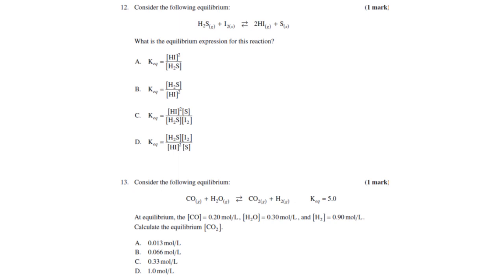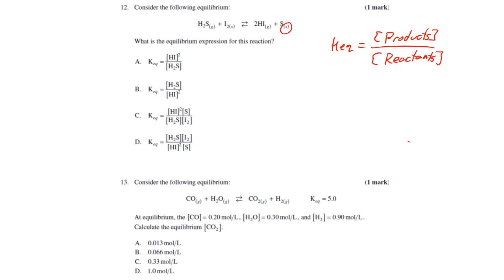Consider the following equilibrium, and there it is. What is the equilibrium expression? Okay, so the equilibrium expression, KEQ, is going to be the concentration of products over the concentration of reactants. The important thing to remember is that it has to be the concentration, so only things that have concentrations.